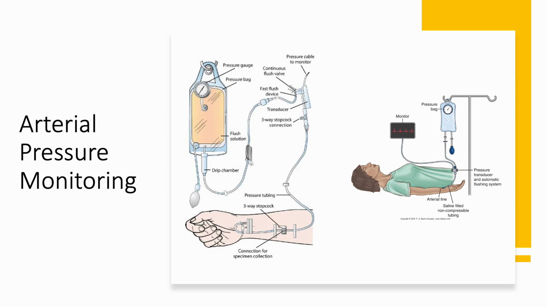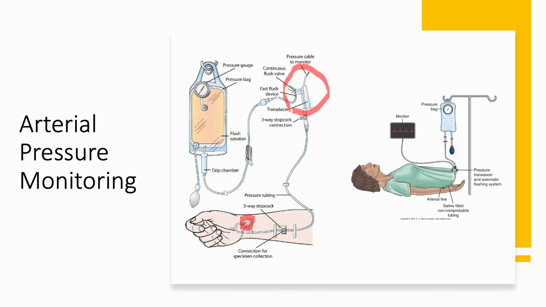Arterial pressure monitoring involves inserting an arterial catheter, typically into the radial, femoral, or brachial artery. This catheter is connected to a transducer that converts pressure signals into a waveform displayed on a monitor.